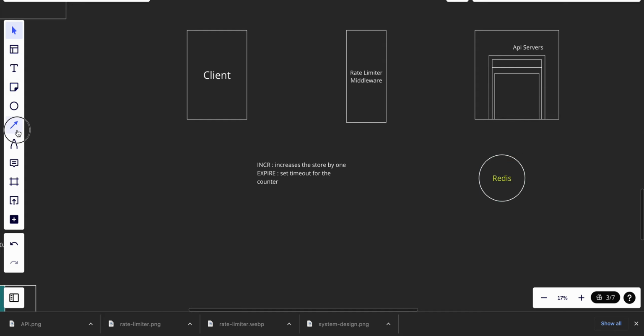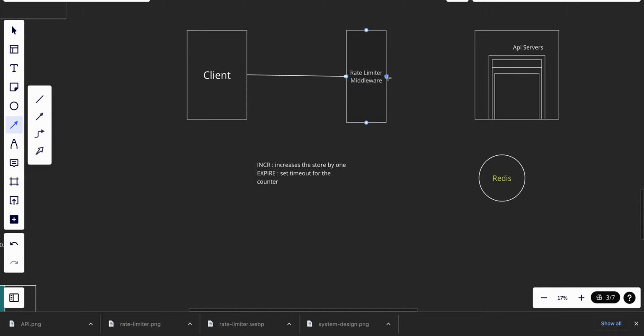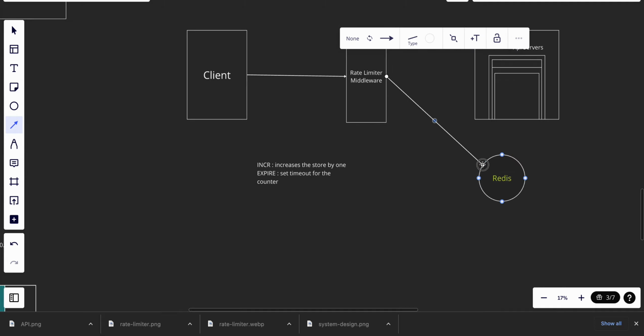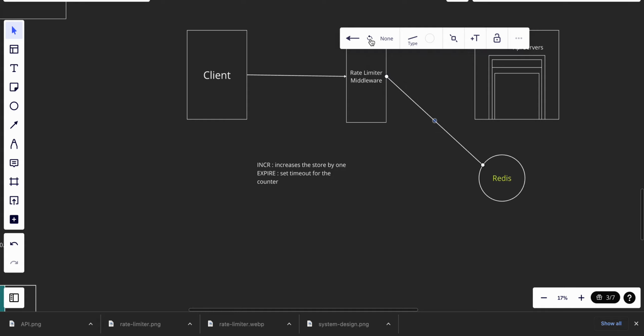So the client will send the request. The request will go to the rate limiter, and when the request gets to the rate limiter, it goes to Redis.